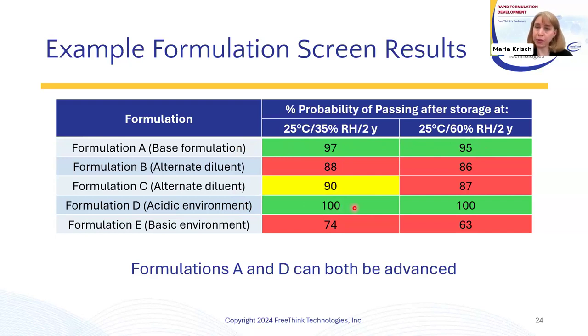So either of these formulations could be reasonably advanced for refinement and retesting. The other formulations don't look all terrible, but they don't meet the 95% probability of passing. And notice that this does give you some sense that the pH in this particular formulation probably matters, since adding acid made it better and adding a basic environment made it the least stable of the options.